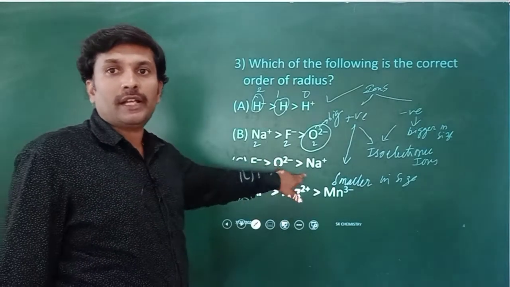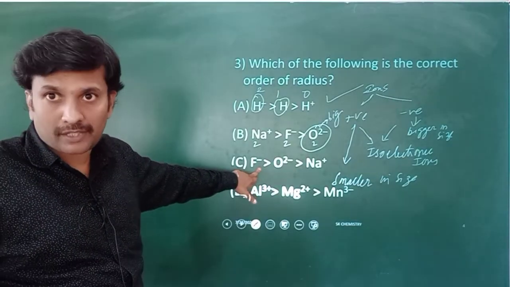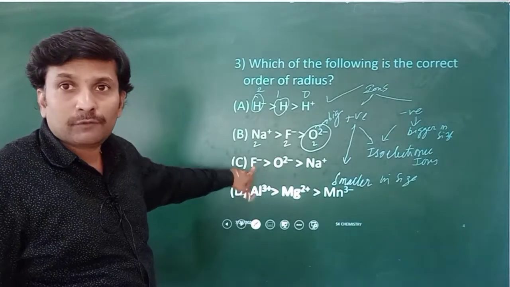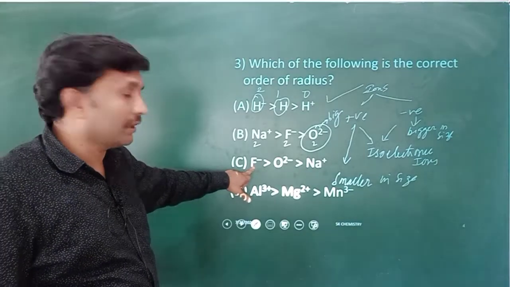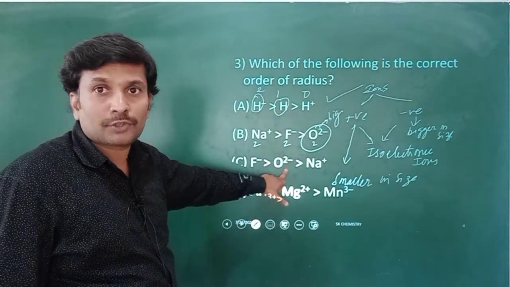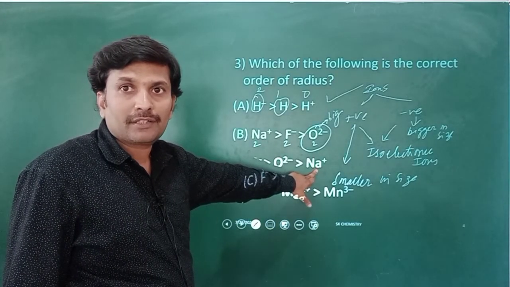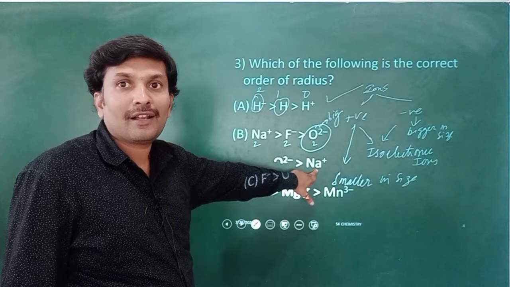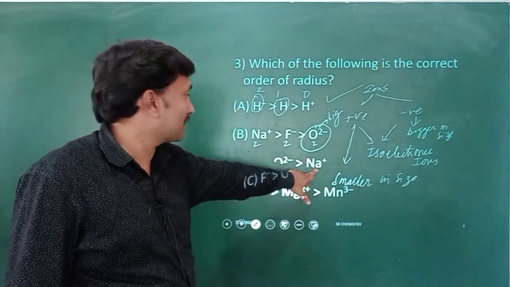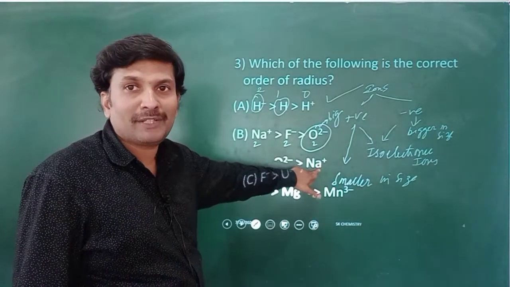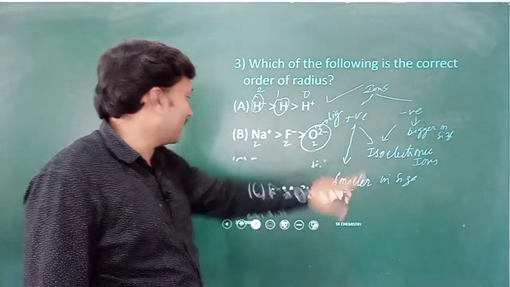And these three are a combination of isoelectronic ions. Why, sir? Fluorine is 9 plus 1, oxygen 8 plus 2, then Na plus is 11 minus 1, because the atomic number of sodium is 11, so 10 electrons.